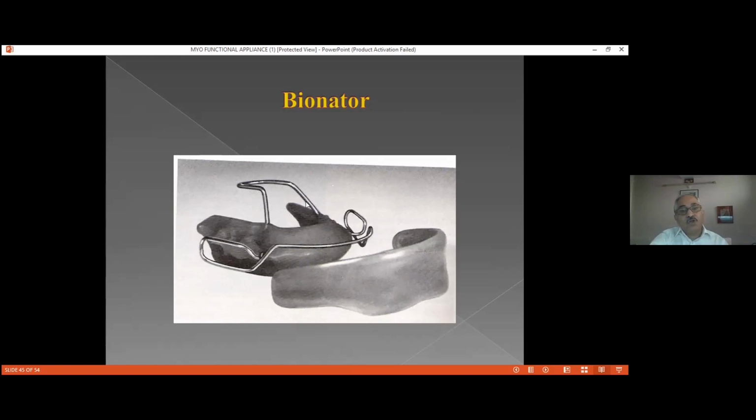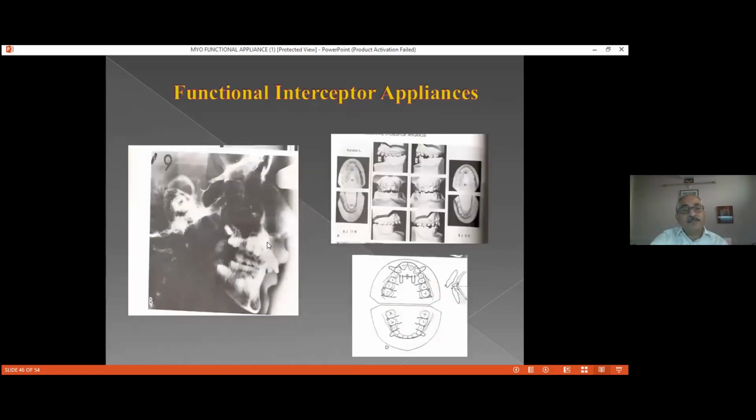The dorsum of the tongue is stimulated, and thereby correction of the mandible is done. According to Balters, who was a proponent who gave the bionator, the position of the tongue is very important in correction with the myofunctional appliances.